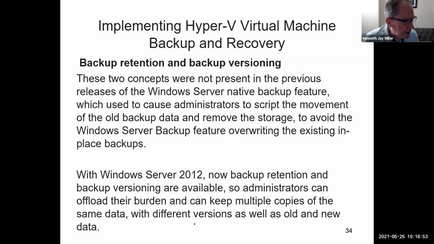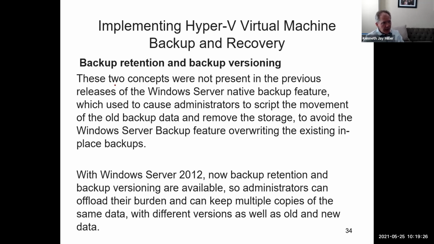But in the meantime, I want to lecture a little bit. Okay. So in the background, make sure you're getting that disk built. So what about the retention policy and versioning? How are we going to handle that in our systems? So prior to Windows Server 2012, it's not possible for Windows Server Backup feature to back up the volumes larger than 2 terabytes.